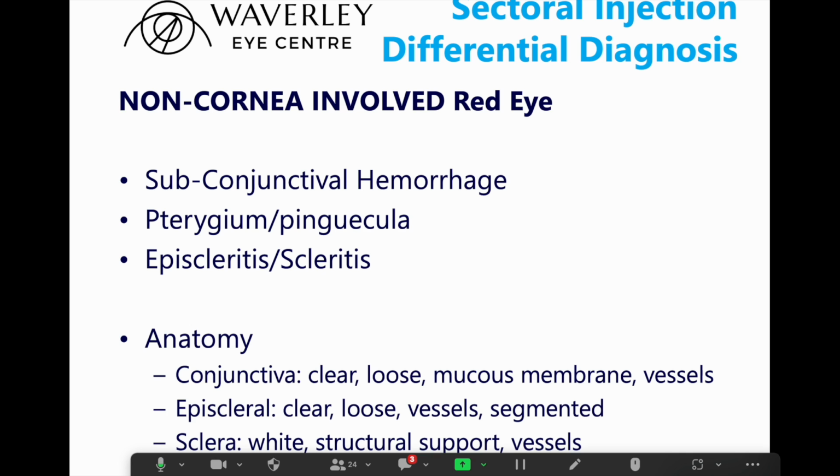So if there's one section that's inflamed, you'll see only one section. So when you see sectoral injection, it could be a clue that the episclera is involved. Sclera is the white structural support to the eyeball underneath. It also has vessels in it. The conjunctiva also extends to cover the inside of the eyelids, and the area where it stops around the cornea is called the limbus.